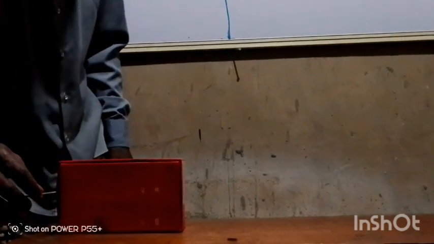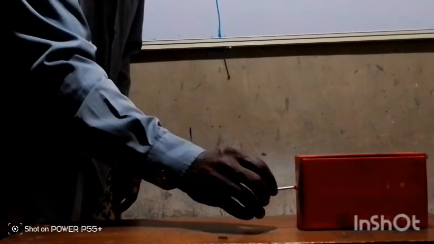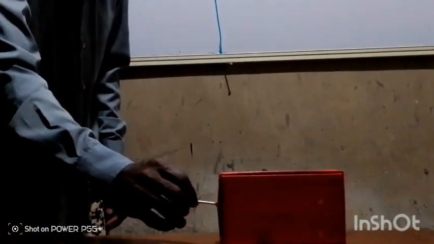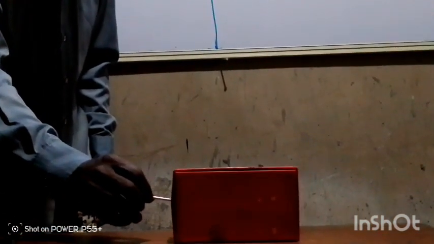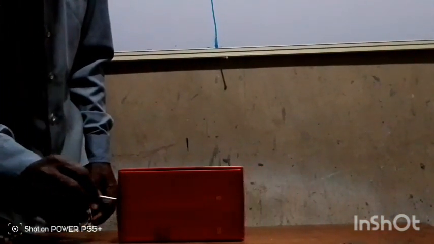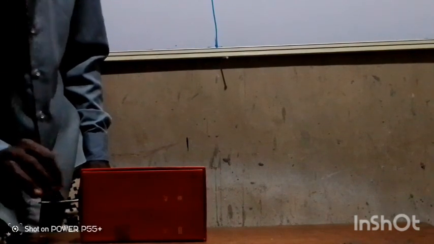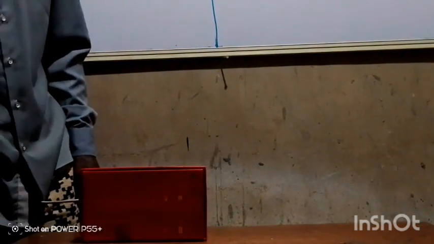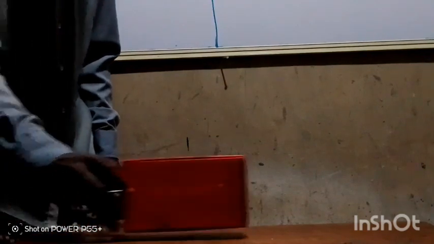If it's moved from here, as it's moving, work is being done. Work is being done in the sense that the force is in this direction and the displacement is in the same direction. Therefore, we can now say work is done.